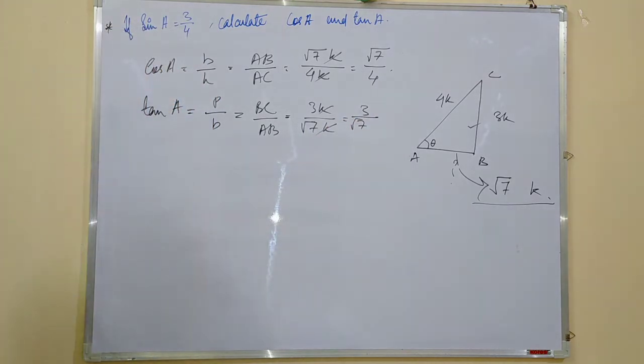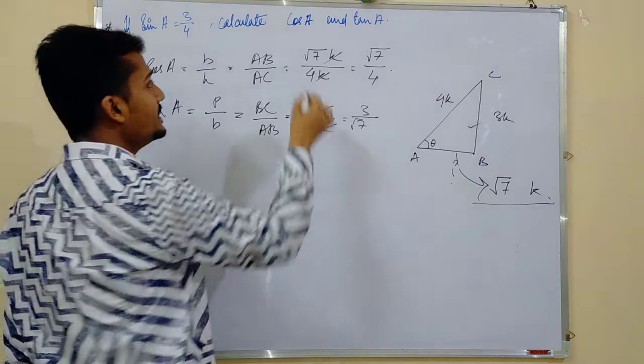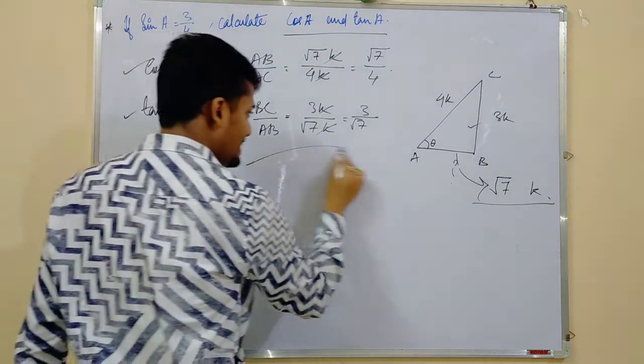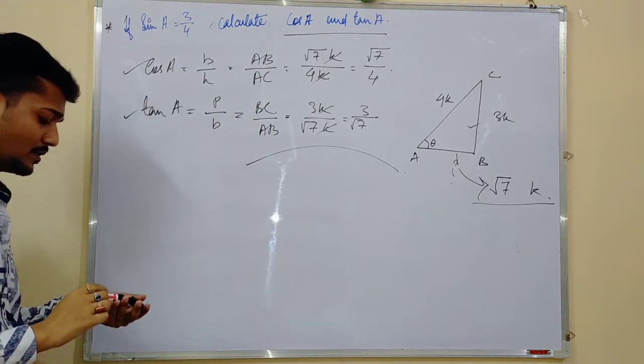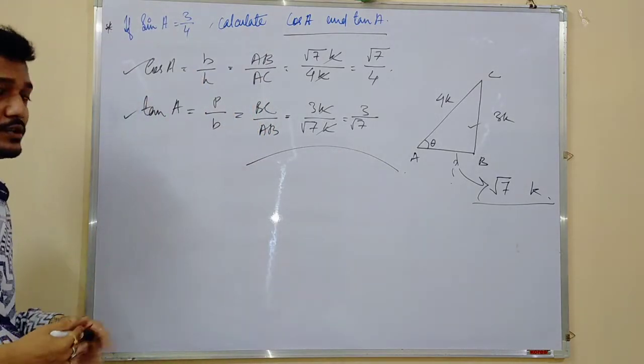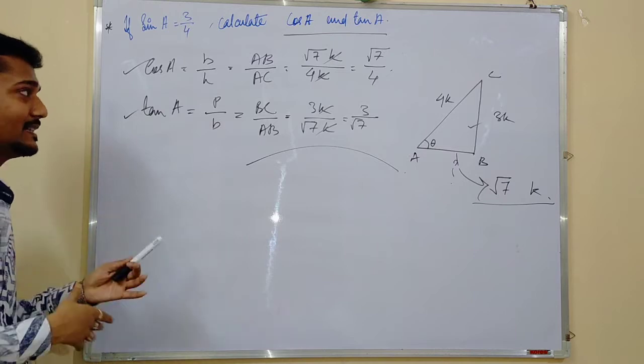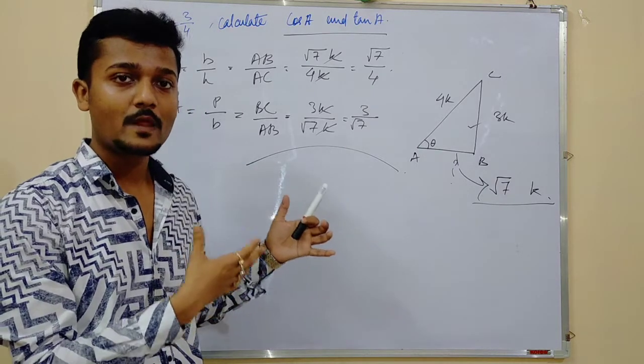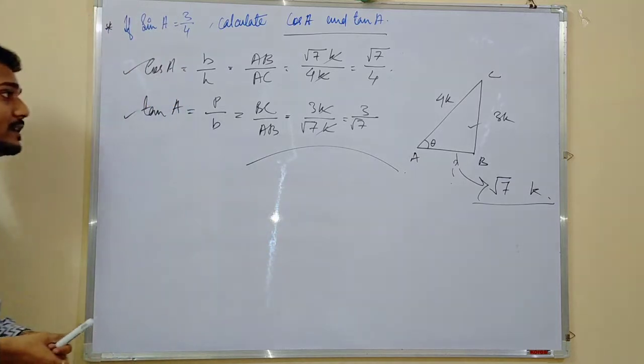Is that clear till this much? So with this we got the value of cos A as well as tan A. Is there any issue till this much? Even if you have any issue, you have to see the video once again repeatedly, and I think you will be able to grasp the things that are being shown. So kindly note it down very quickly.